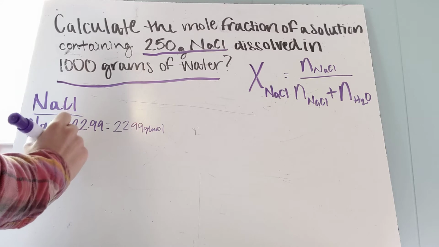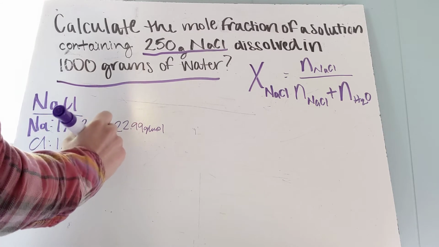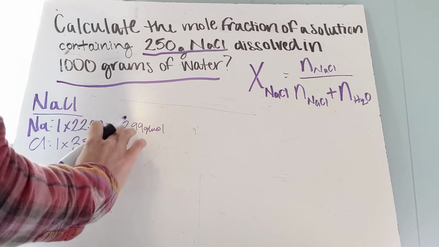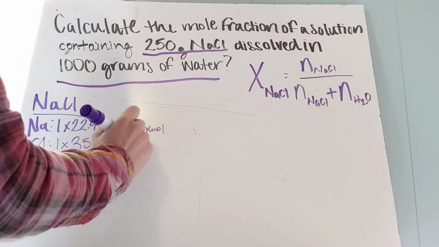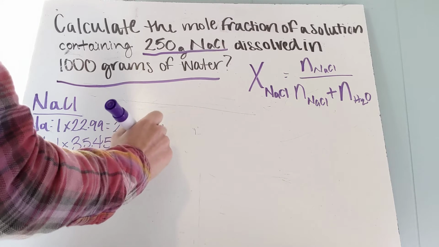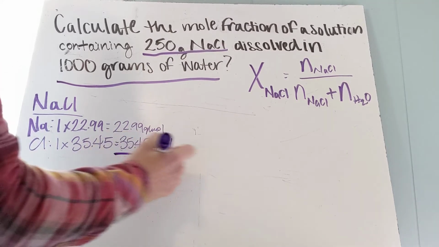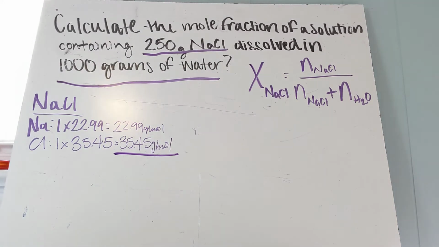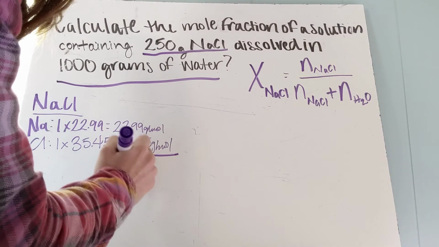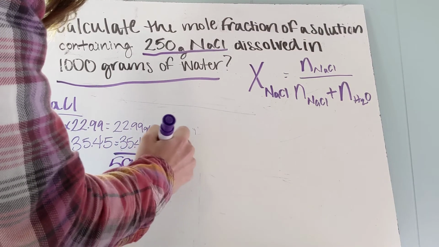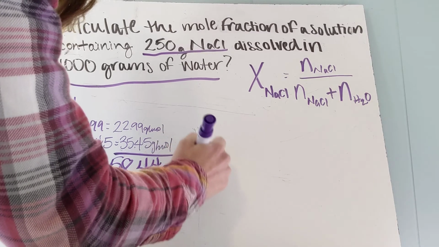Chlorine, we've got one of them, 35.45. We're going to add those together to get 58.44 grams per mole.